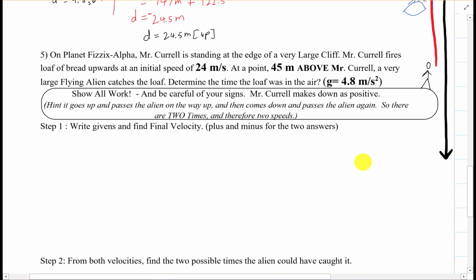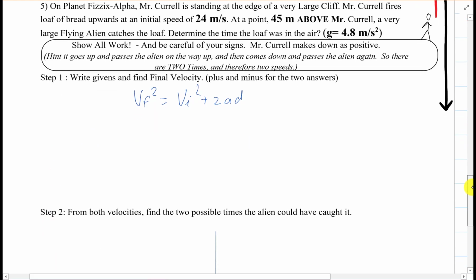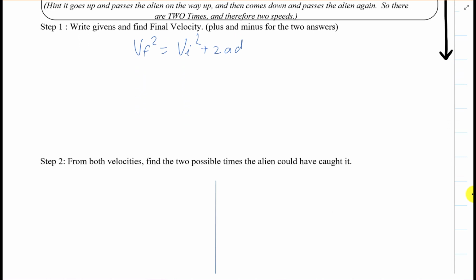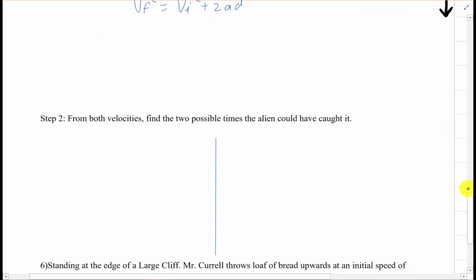Okay, go ahead. It says step one, write the final velocities, plus or minus for the two answers. So you will use VF squared equals VI squared plus 2AD, but write down the givens, and then find the times.